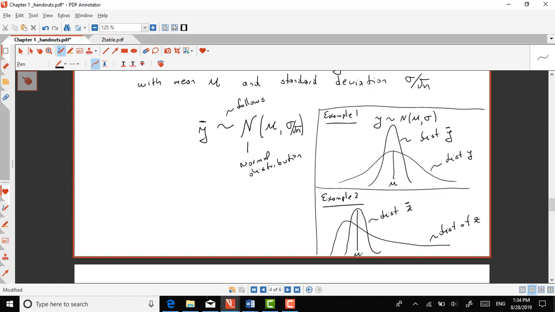Another way to say it is that the sampling distribution of the sample mean is always normal, regardless of the distribution of the original variable. That's the point I was trying to make, because in all those theorems and assumptions, we never assumed that the original variable was normally distributed.